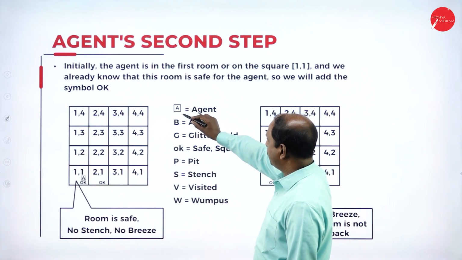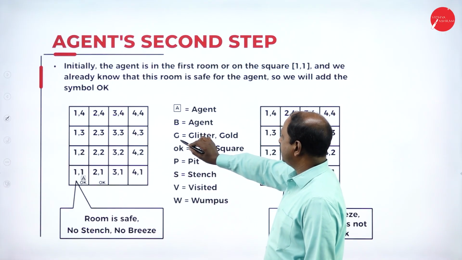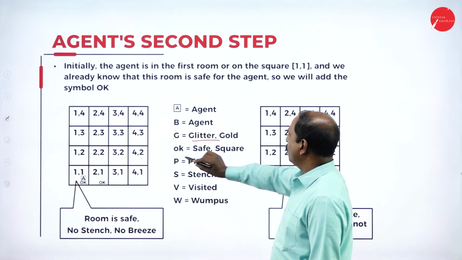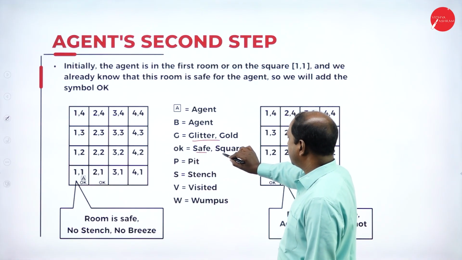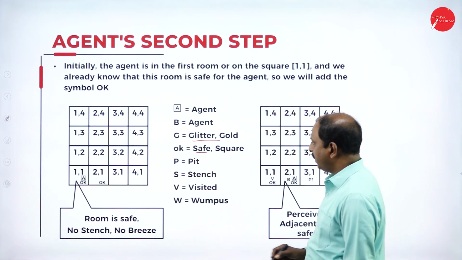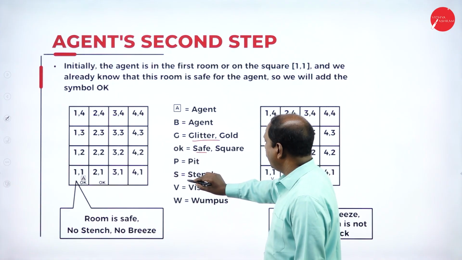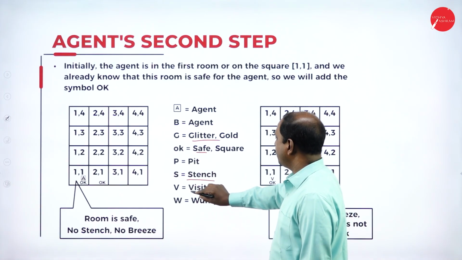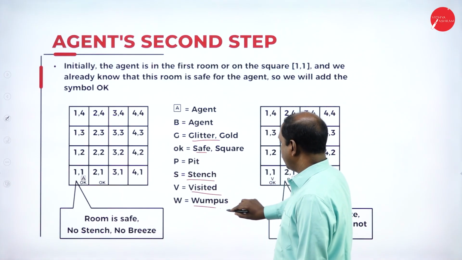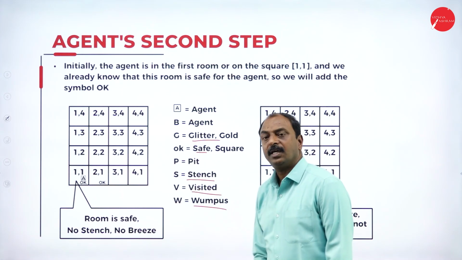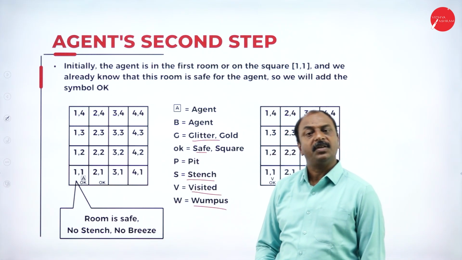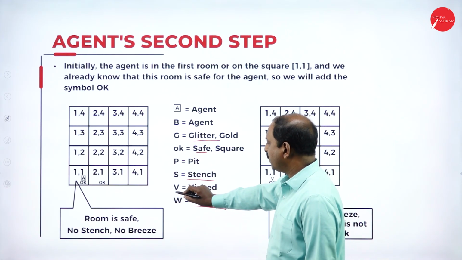A stands for the agent here, G is glittering or gold, OK stands for a safe place for the agent, P for pit, S for stench, V is visited, and so on. Visited means the boxes or places the agent has visited, and we represent them with V.